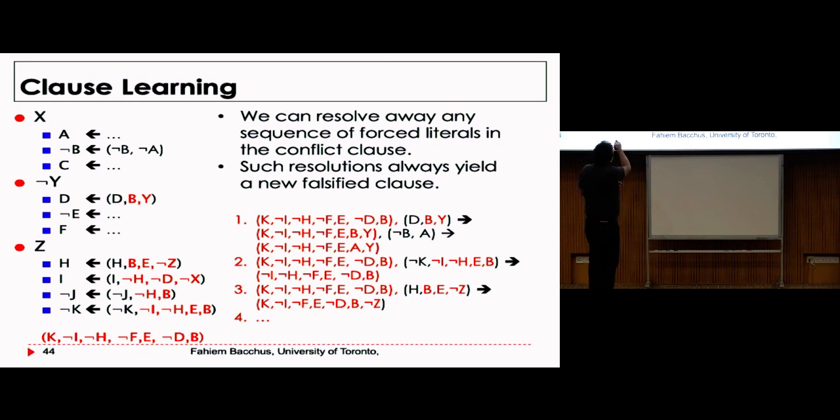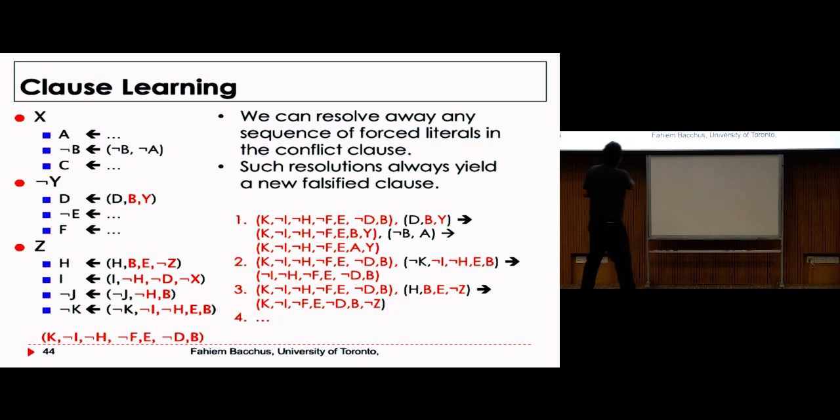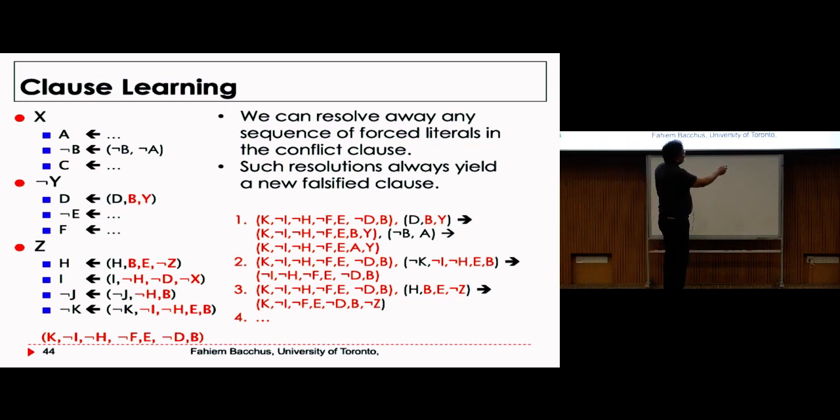And that D has itself a reason clause, which has the positive version of D. So we can take that and resolve it against that. And you're always going to get now a new clause that's falsified by the trail. And you can do that for any of these forced literals. In this example here, we know that not K was forced. This is the reason for not K, and therefore we could resolve that K against that, and we get a new clause. So we can do this for any of these. Okay?